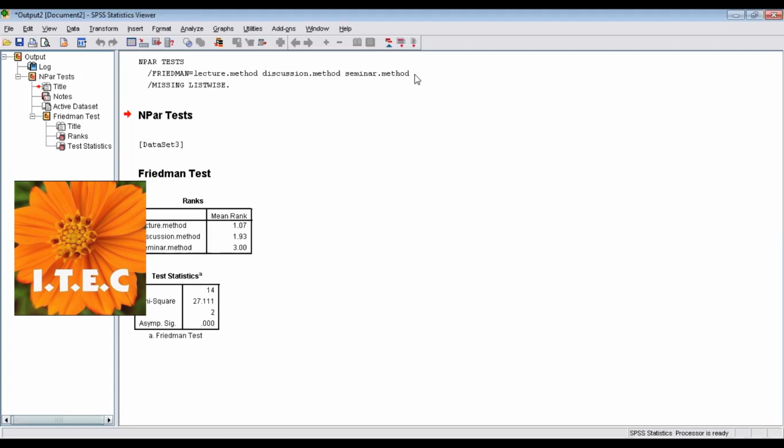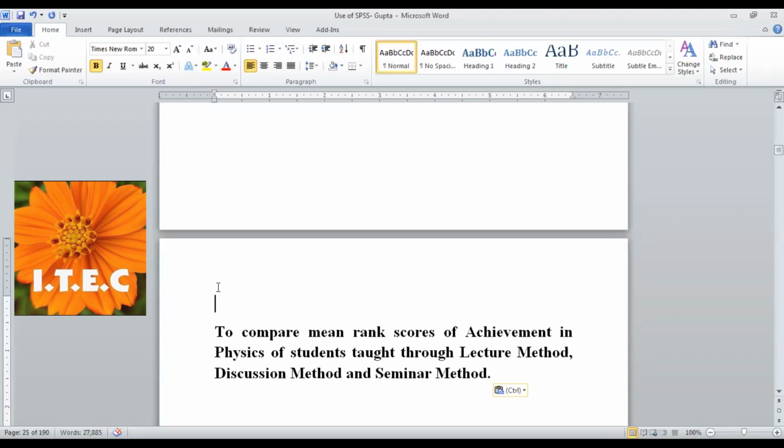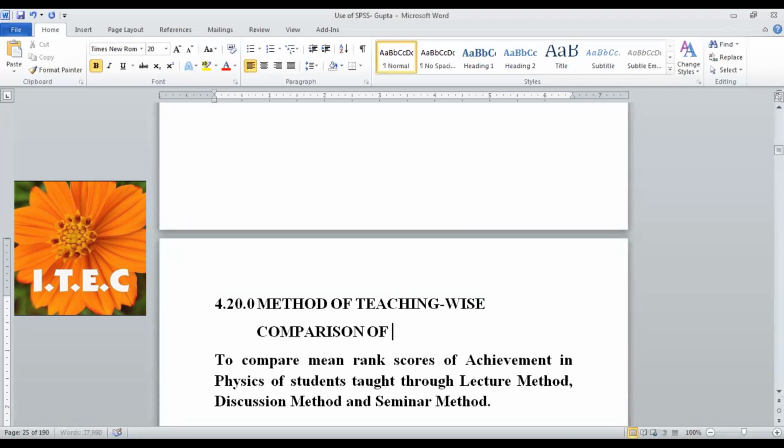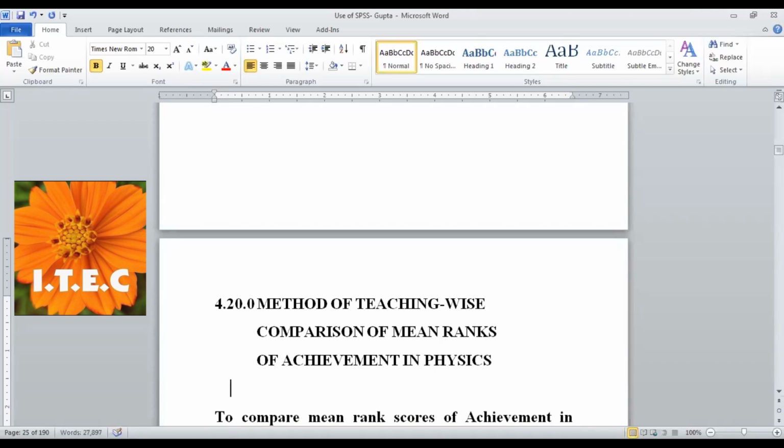So this is my objective, and here I can write 4.20, method of teaching wise comparison of mean ranks of achievement in physics of students.